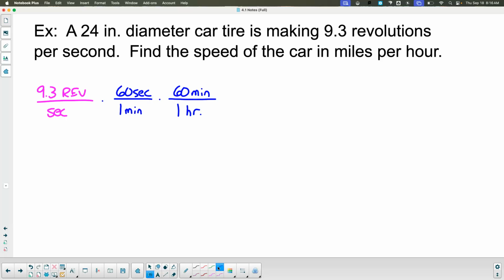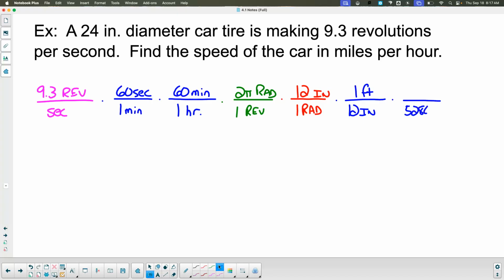Okay, so now I'm in revolutions per hour. 1 revolution is 2 pi radians. 1 radian is 1 radius, and the radius is 12 inches. 12 inches is also 1 foot, and there are 5,280 feet in 1 mile.